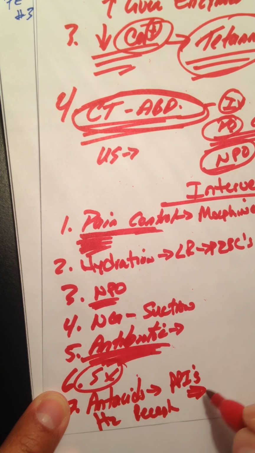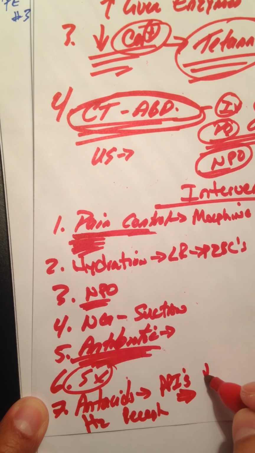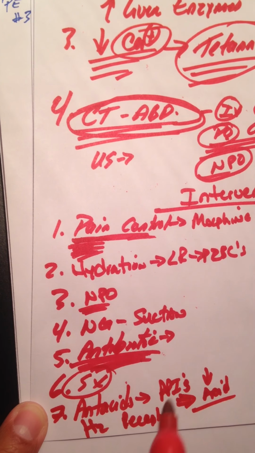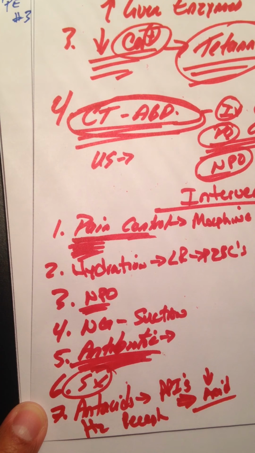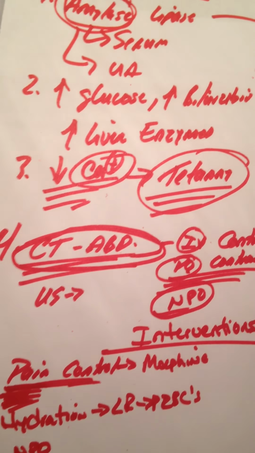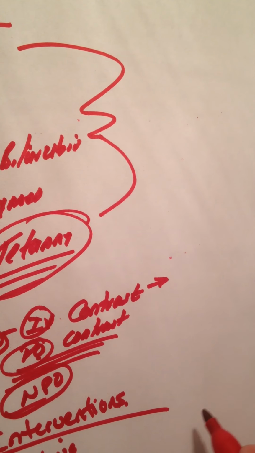Now, the whole goal of this is to decrease acid secretions and, again, prevent pain. So, again, examples of your PPIs would be something like omeprazole, Prilosec. An example of an H2 receptor blocker would be something like Zantac. Let's see, where are we at here?